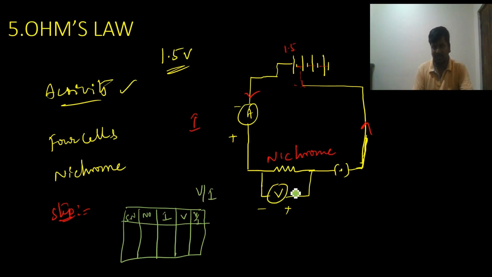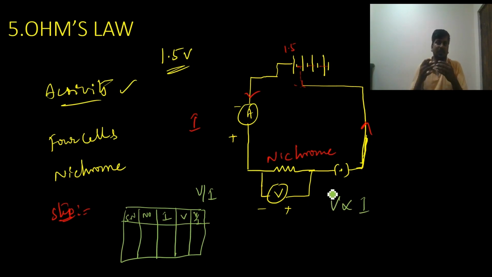So here the final concept is, the potential difference across the resistor, across the nichrome wire, across the conductor is directly proportional to the current flowing through it at constant temperature.